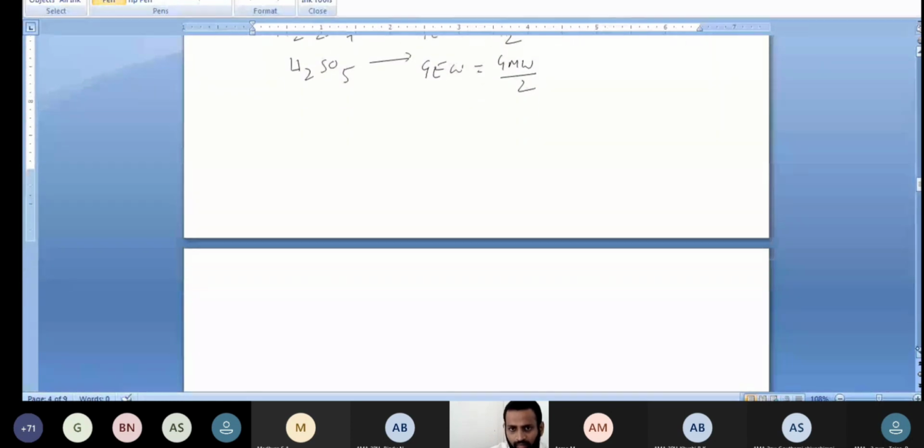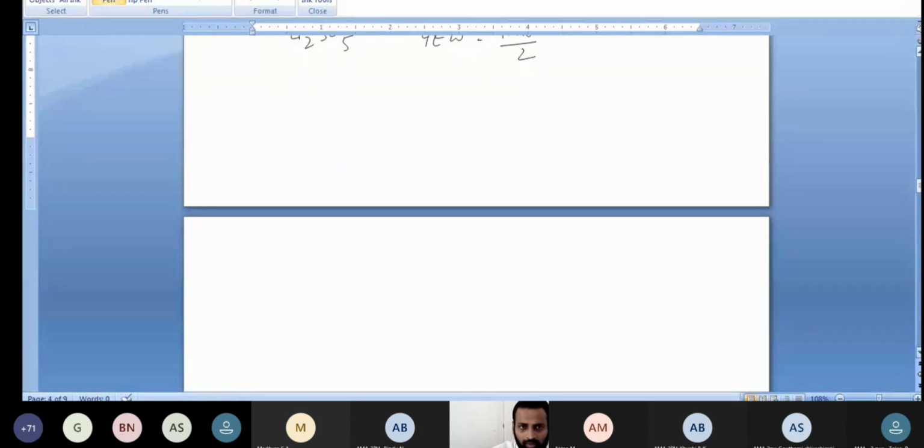Next, we have the most important thing, that is gram equivalent weight of phosphorus acids. Very much important. So for phosphorus acids' gram equivalent weights, to understand you must know this skeleton structure.